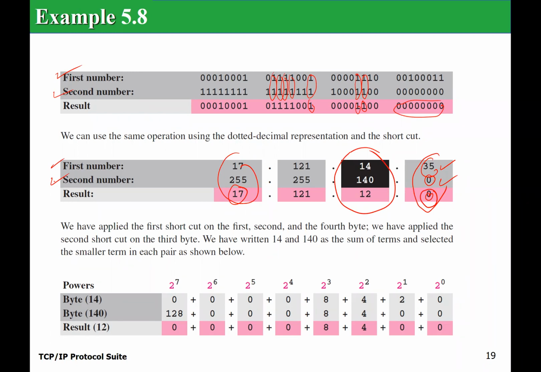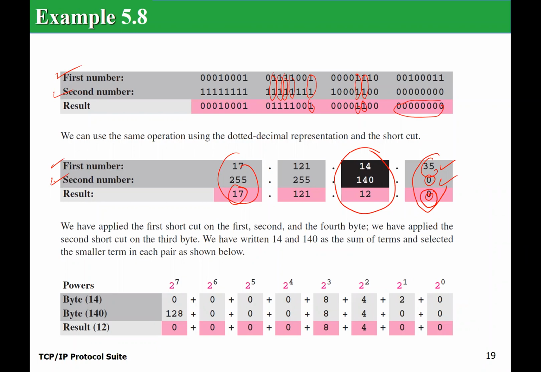Here, because I have 255, I can tell right away it's 17. Here, because I have 0, I can tell right away the answer will be 0. But here, I don't have 0 and I don't have 255. So here is an exception, and we have to do some small math.